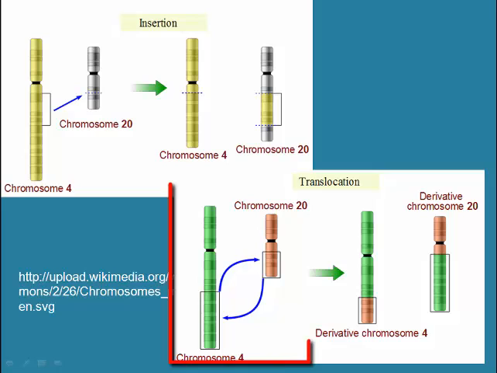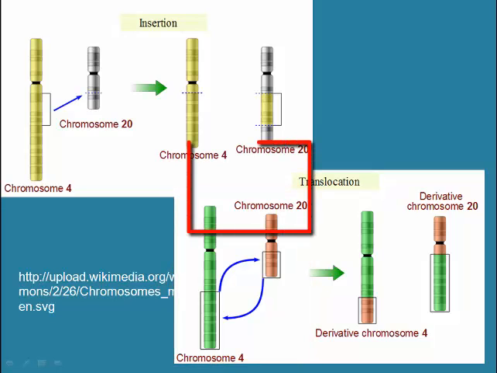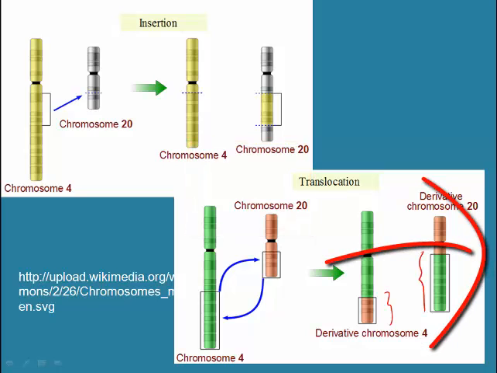And during translocation, chromosome pieces are exchanged between two non-homologous chromosomes. So this is taking it one step further than insertion, where the chromosome pieces are actually exchanged between two non-homologous chromosomes. Now, it is important to note that exchange between homologous pairs is actually normal, and it's a process called crossover, which actually results in more genetic diversity. It's desirable. This is not.